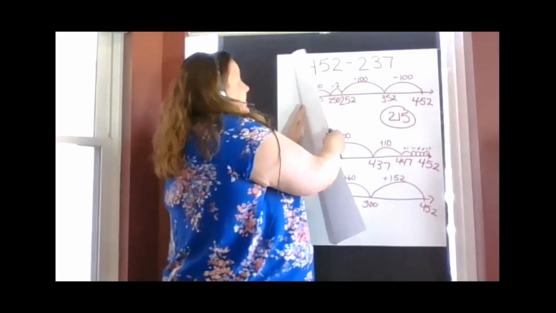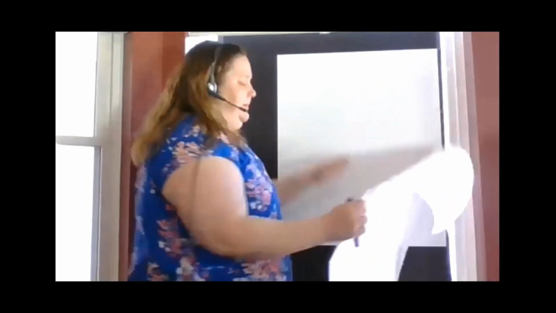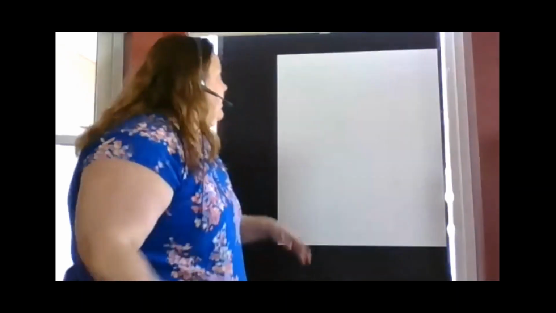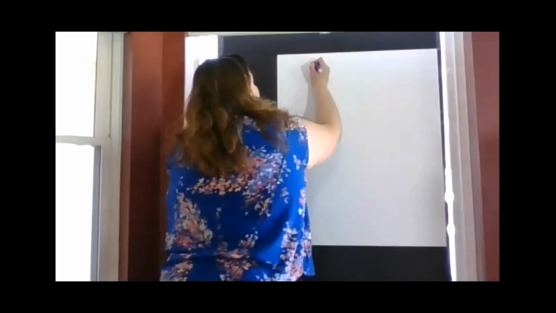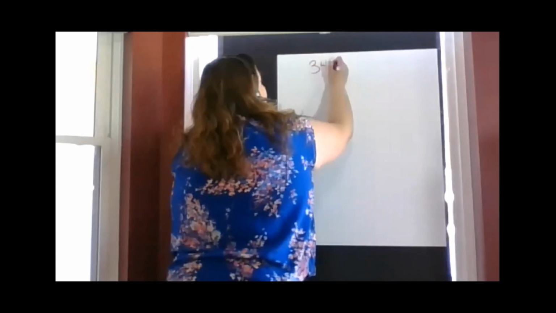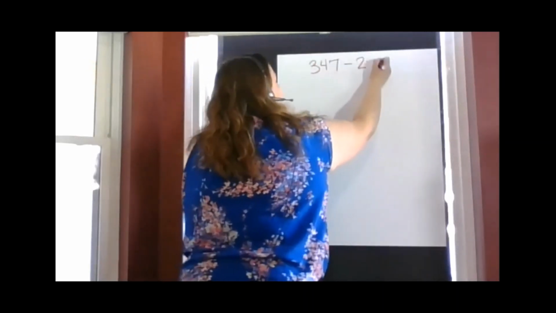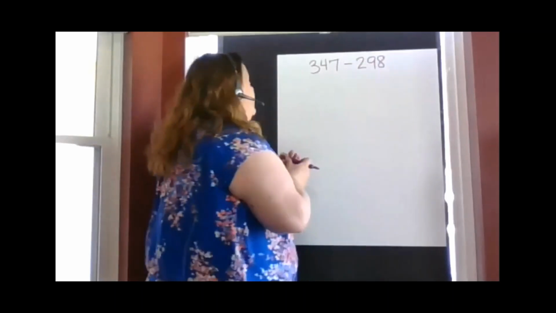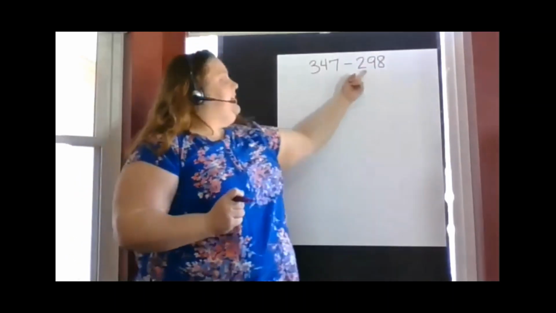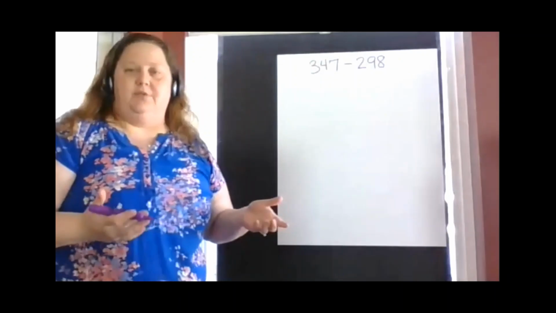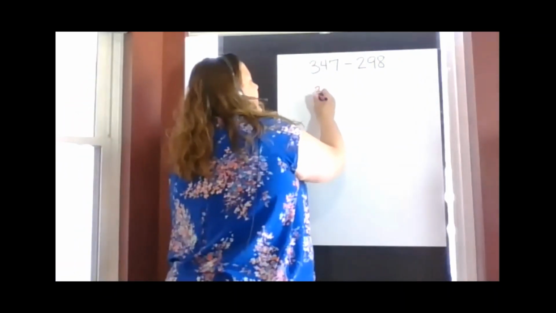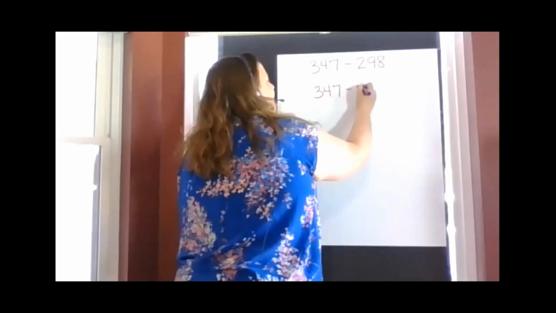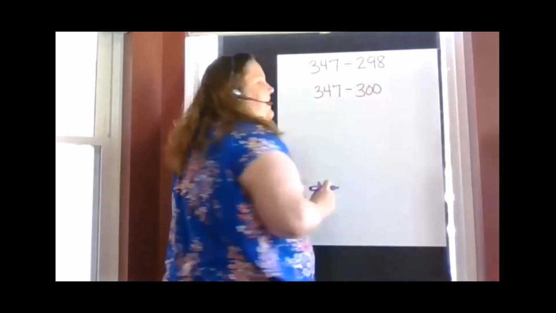We also might think about a student who understands compensation. So 347 minus 298. A student might see that this 298 is really close to 300. So they might think about this problem as 347 minus 300.